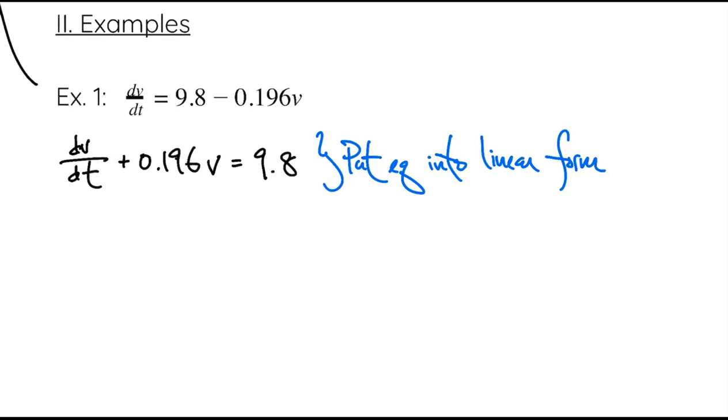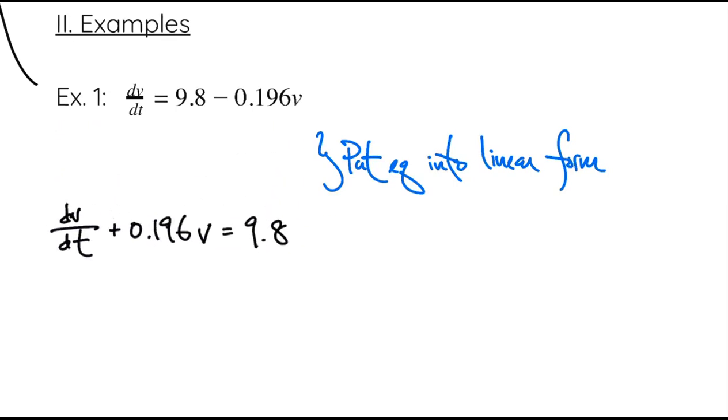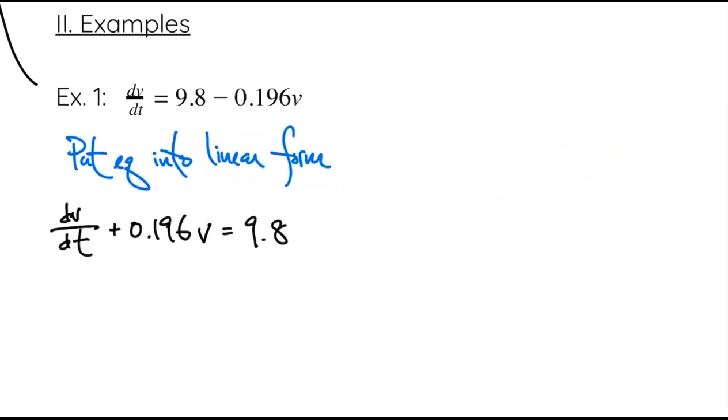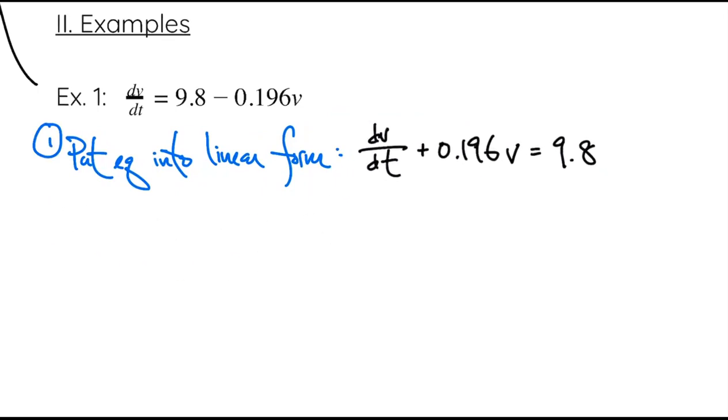Hang on one second, I'm just going to rearrange this. Let's put this as step 1. So step 1, we're going to put the equation into linear form, and we did that by keeping our v dv's on one side and the other stuff on the other side.